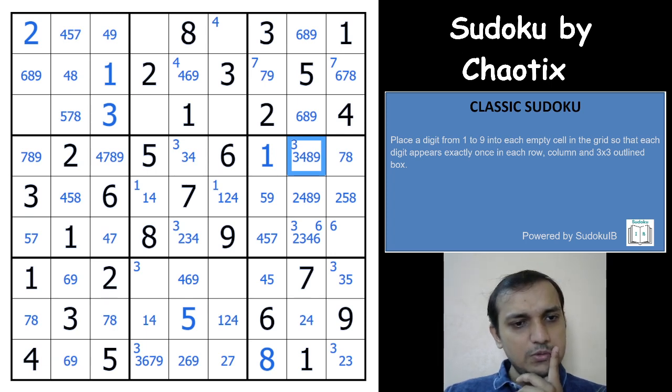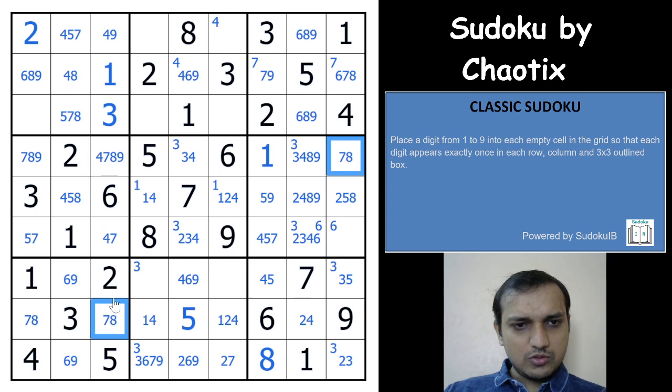A W wing. 7 8, and I have a 7 8 here. These two cells are 7 8. I can use the W wing somewhere. So can I eliminate 7 and 8 from this cell? I can eliminate 8 from this cell.